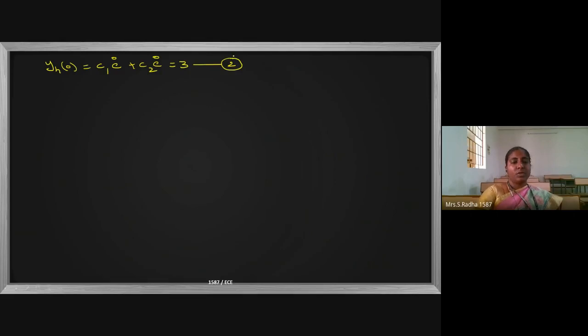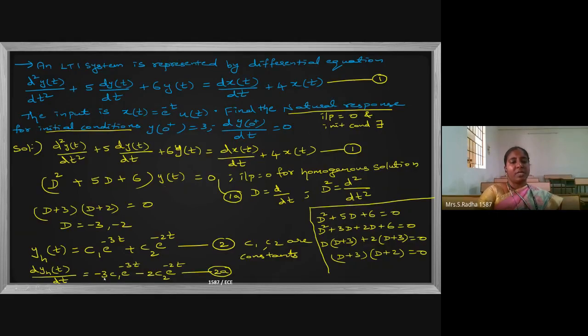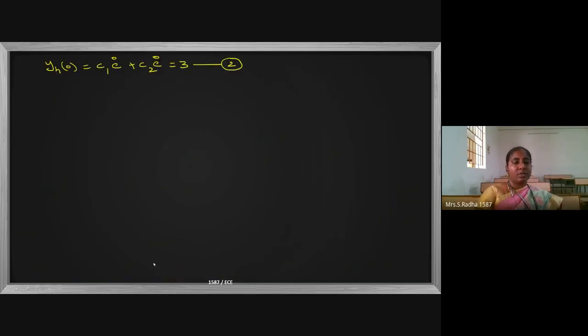Now from equation 2a, you have to put t equal to 0. So d by dt yh of 0 is nothing but minus 3 c1 e power 0 minus 2 c2 e power 0.